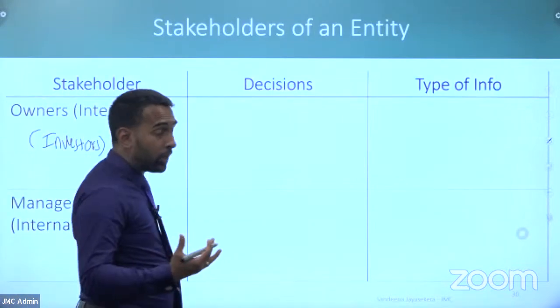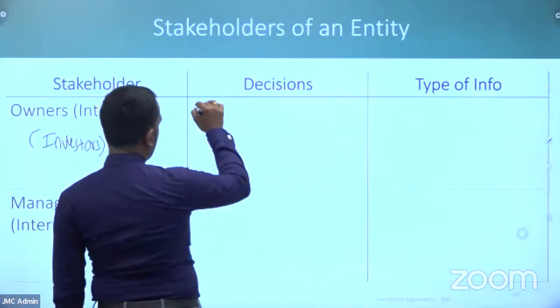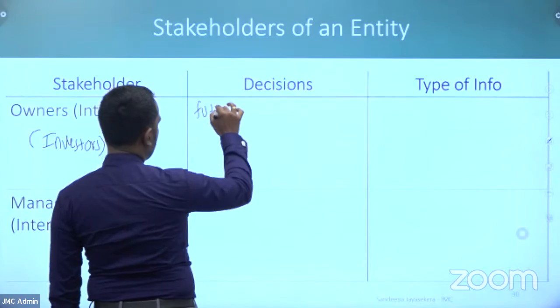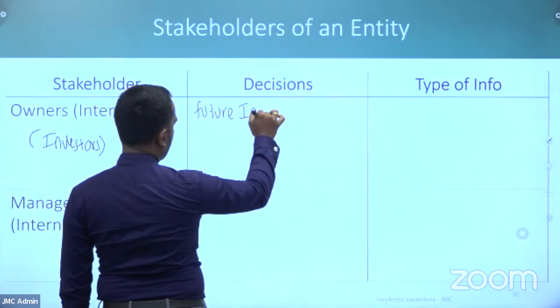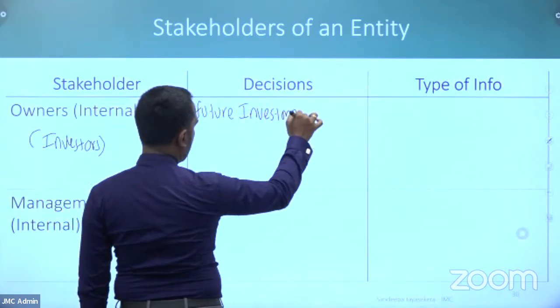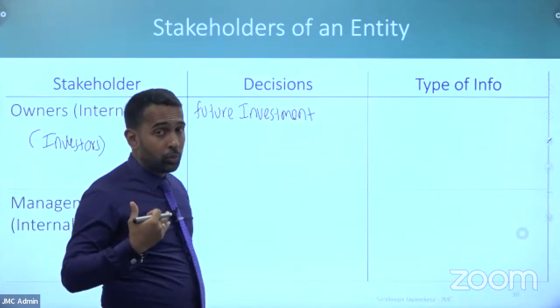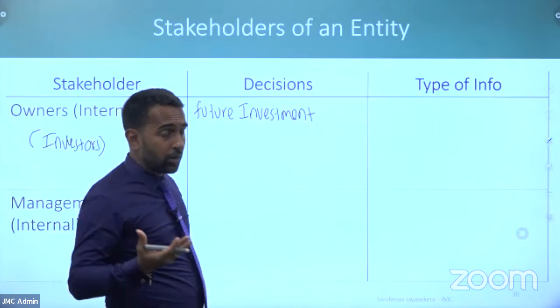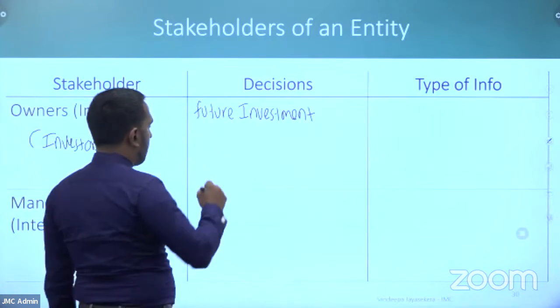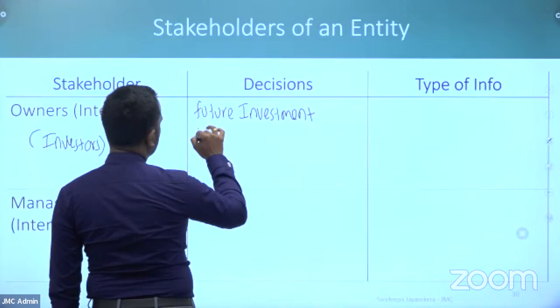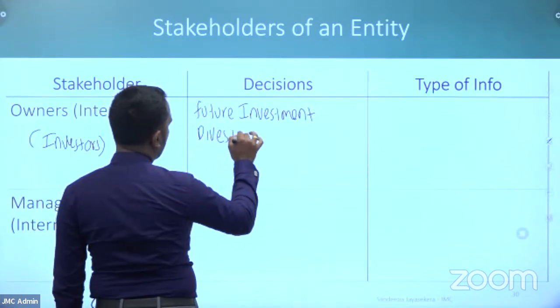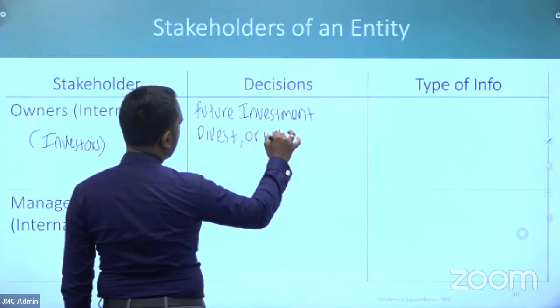So investors have to take decisions about future investments, right? Whether to invest or not. Whether to put in some additional capital. Are we going to put in additional capital or not? Whether to divest or withhold the investment.